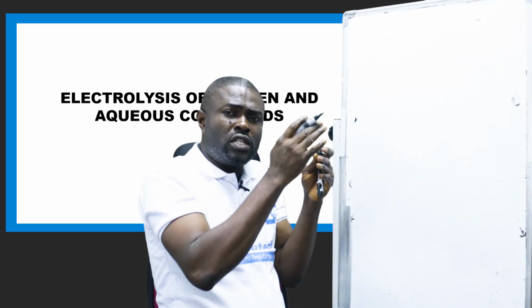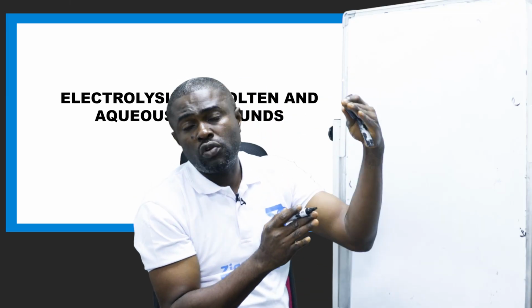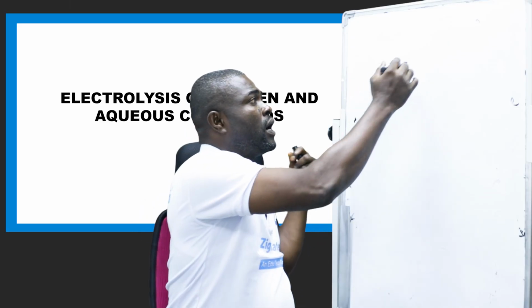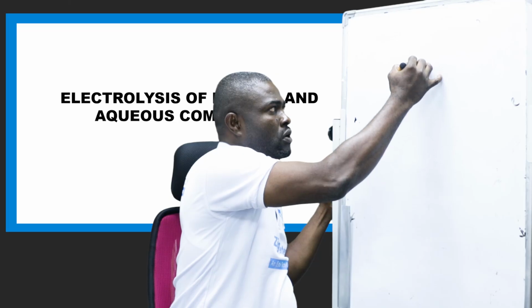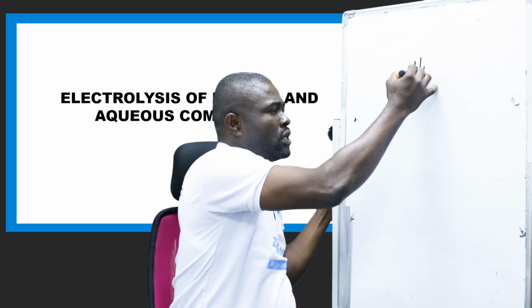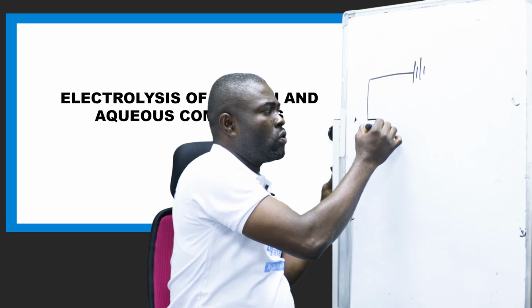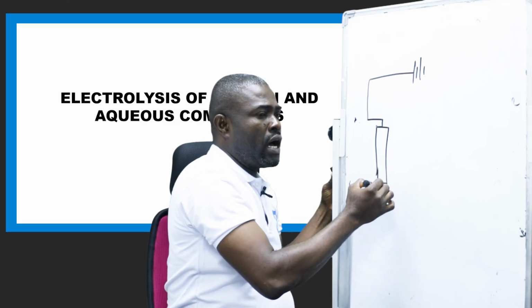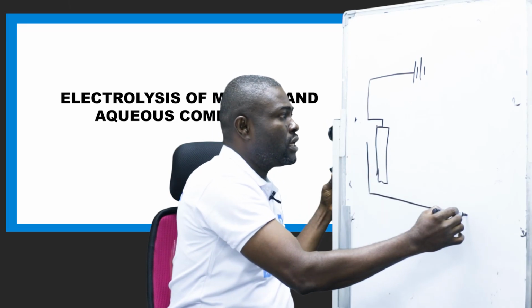Permit me to still draw this electrolytic cell, which is a cell that converts electrical energy to chemical energy. This is the source of the current. This is the wire connected to a rod. And this rod is dipped inside a beaker or container.